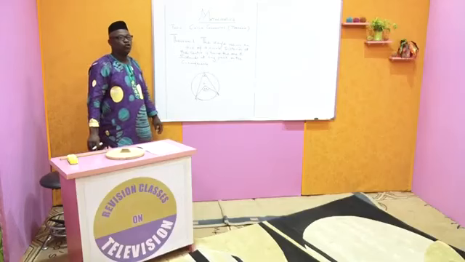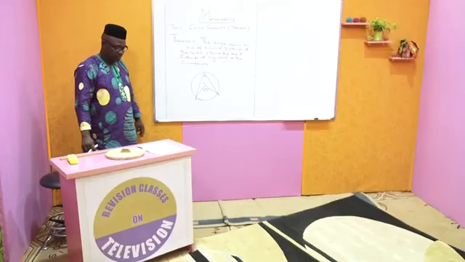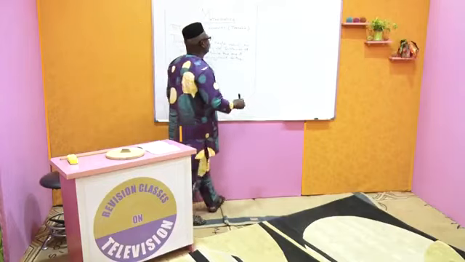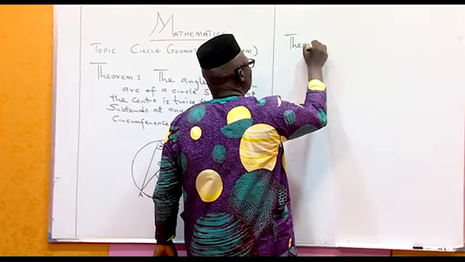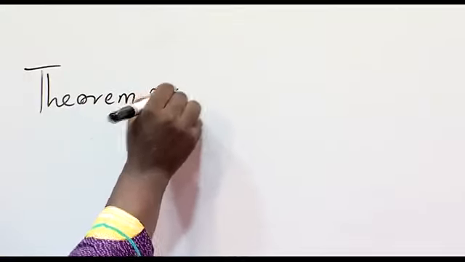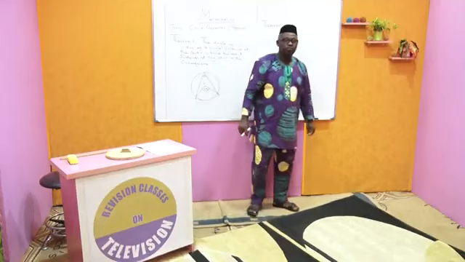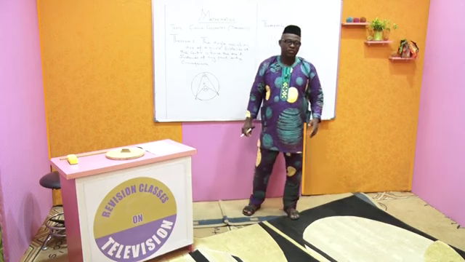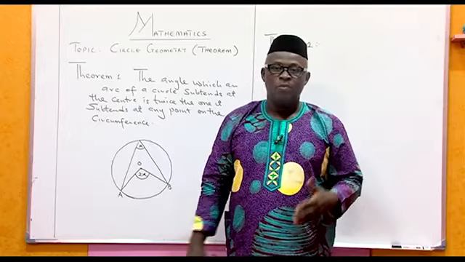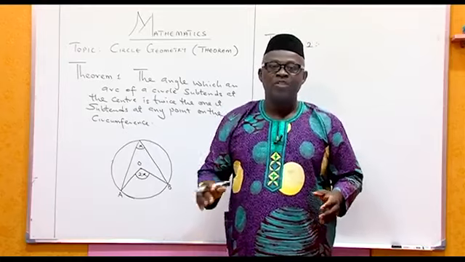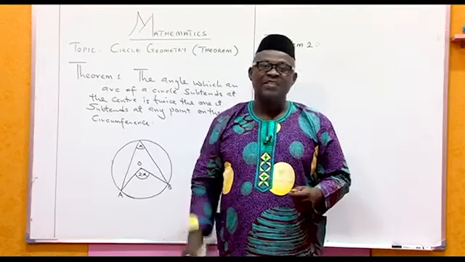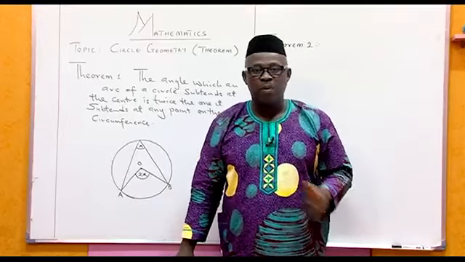We are also going to move on to another theorem. Let me call that Theorem 2. Theorem 2 is talking about semicircle. What is a semicircle? A semicircle is when you divide a circle into 2 equal parts.